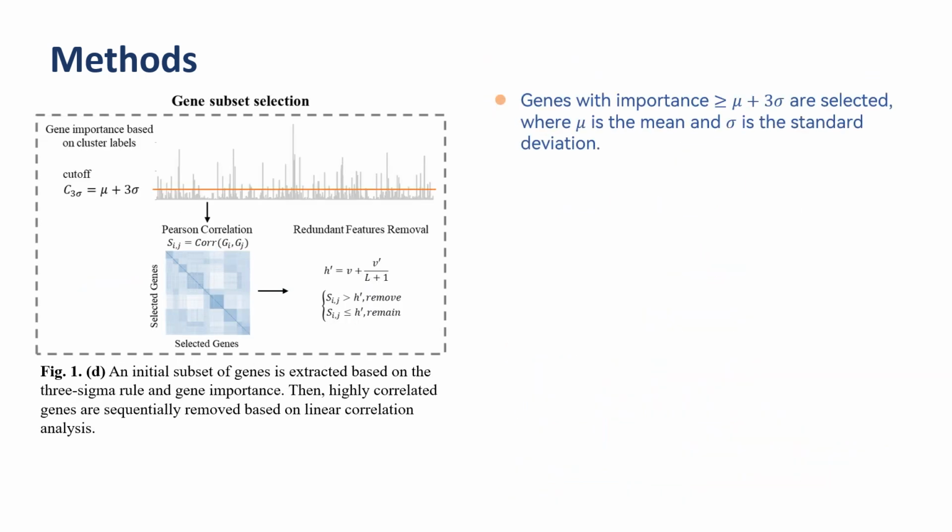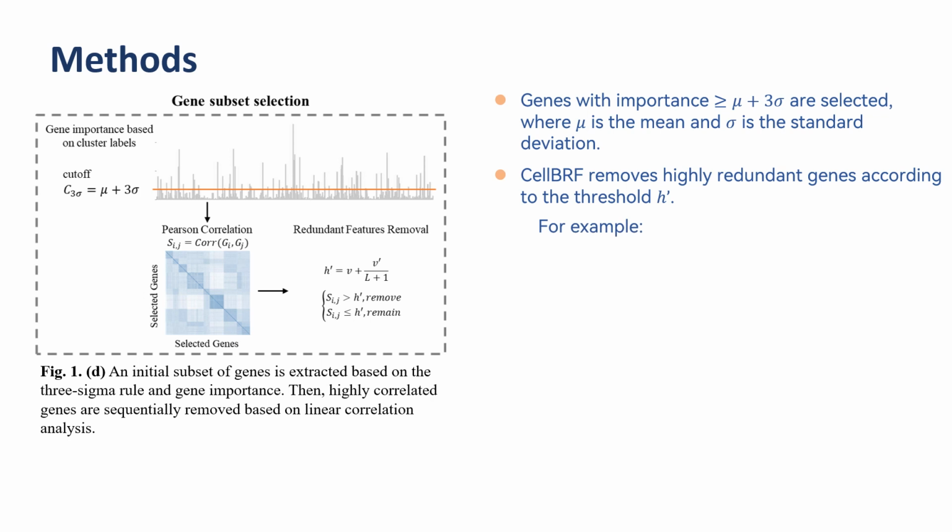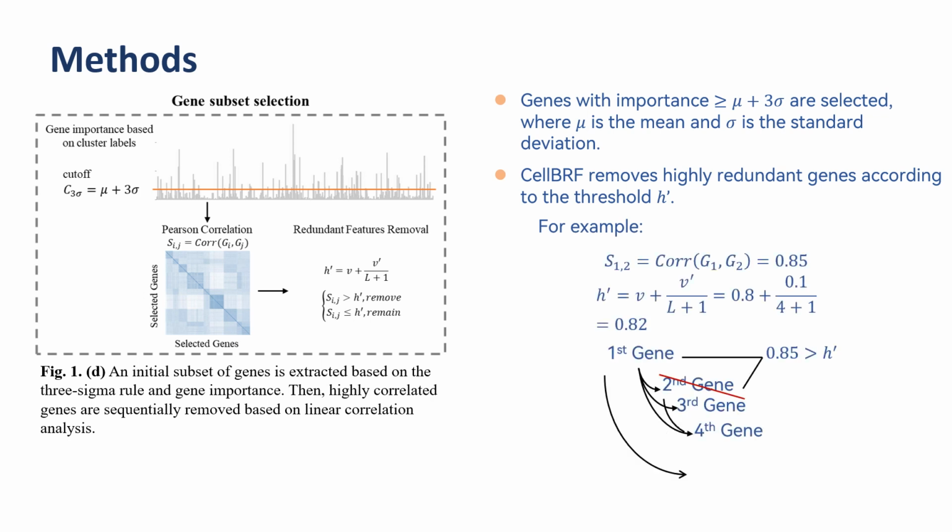At last, we select genes whose importance is greater than or equal to the mean plus 3 times the standard deviation. Then, highly redundant genes are removed according to the dynamic threshold. Let's take the example of 4 genes ranked in descending order of importance. We sequentially calculate the linear Pearson correlation between genes. The correlation S12 between the first 2 genes is 0.85.